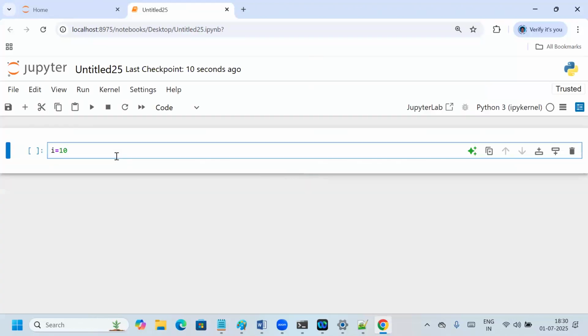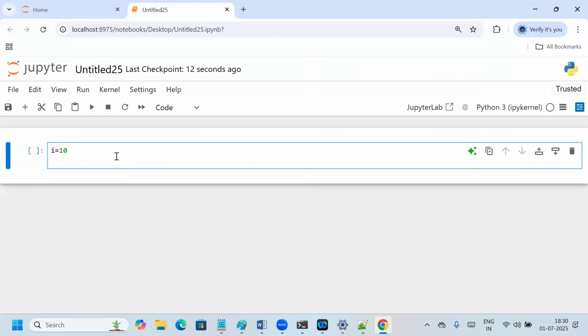N value is 10. Now what should I write? While i is less than or equal to 5, that is n by 2. Yes or no, guys? I equals 10, i less than or equal to 5. Or should it be i greater than or equal to?